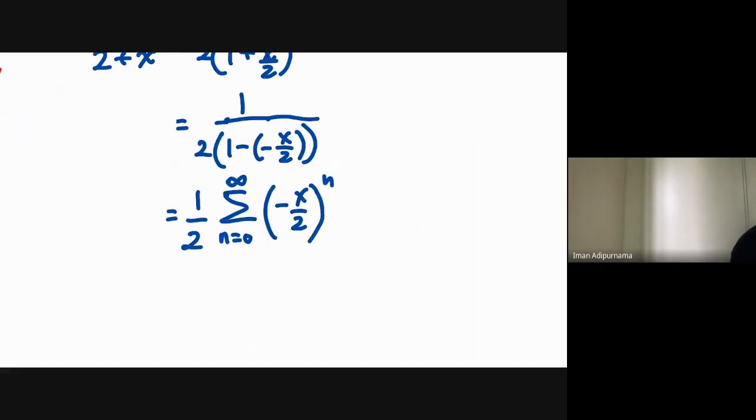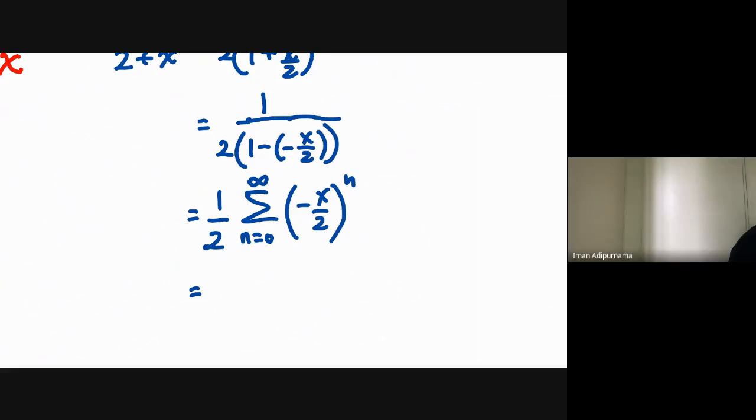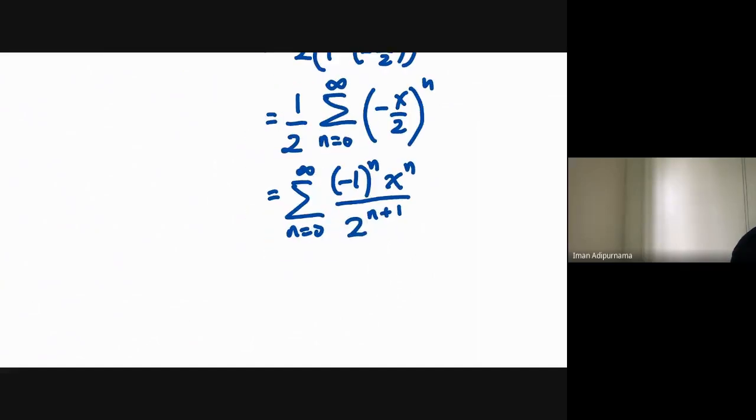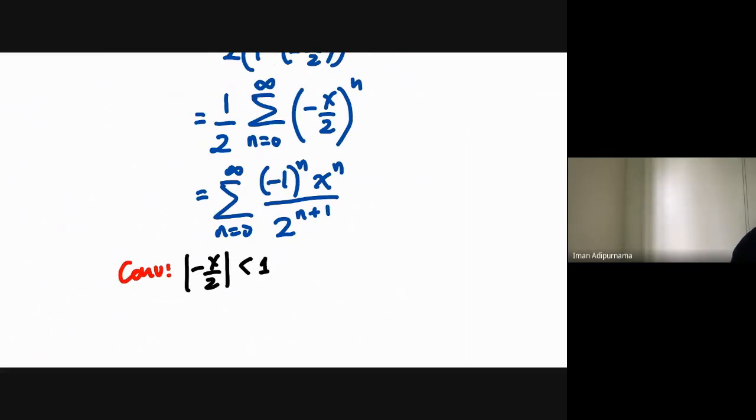Or if you want to, you can also rewrite the form and include the half inside the sum. So it will be negative 1 to the n over 2 to the n plus 1, times x to the n. And then the series will converge when the ratio is less than 1. So this is actually absolute value of x over 2 less than 1.